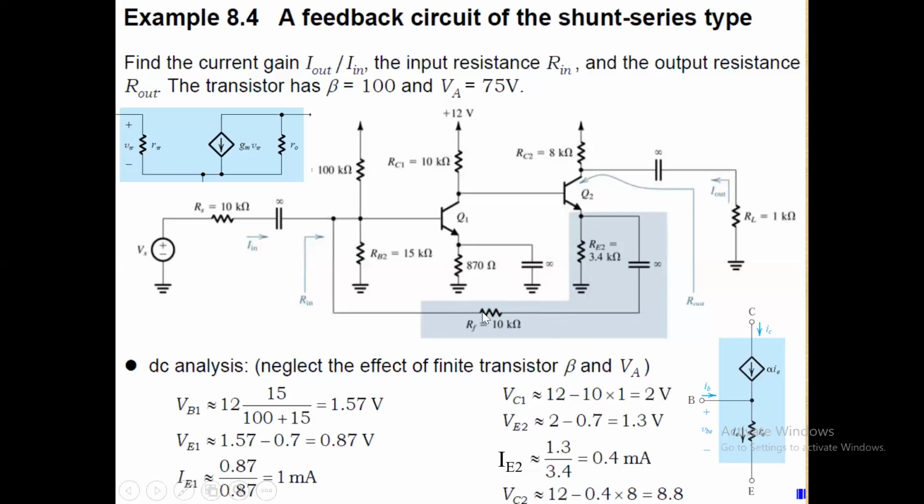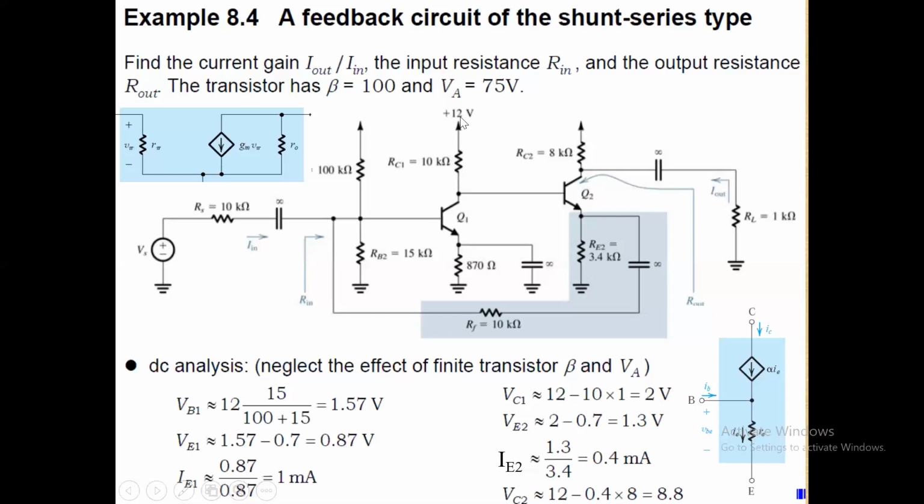Having found this, VC1 is the voltage which we can find here, which just corresponds to 12 minus RC1 into IC.